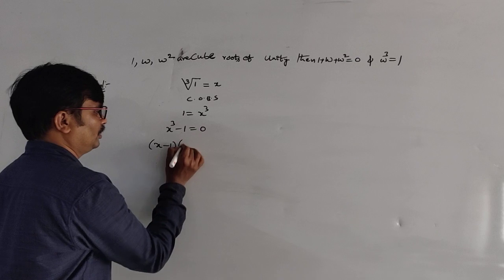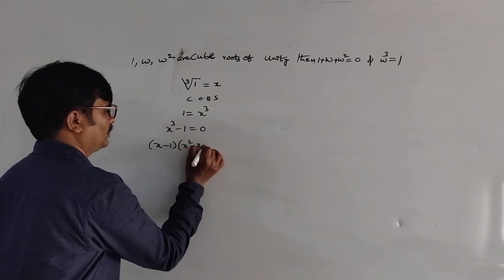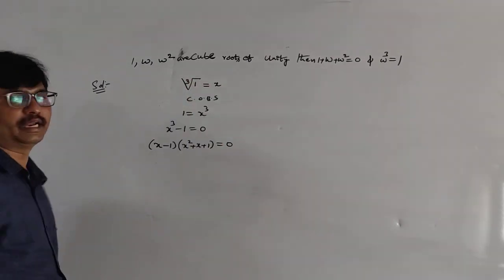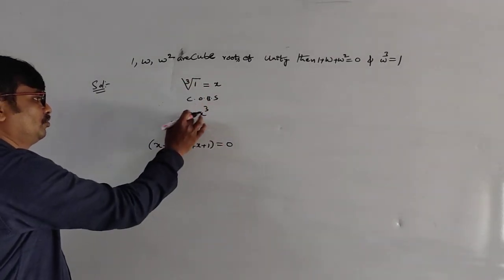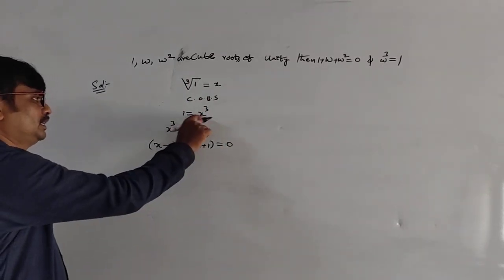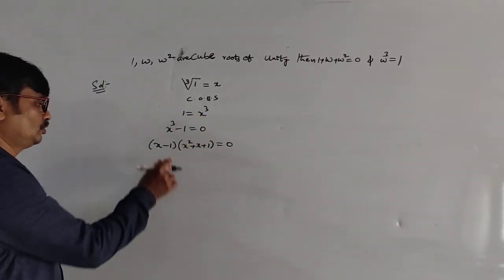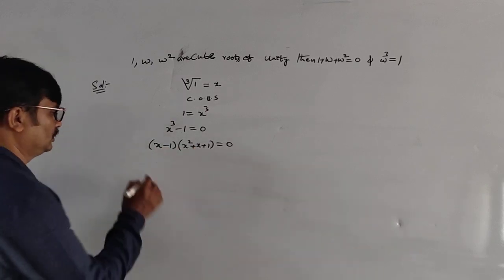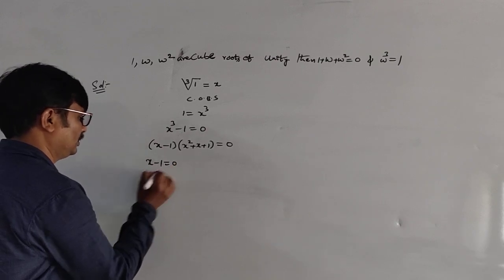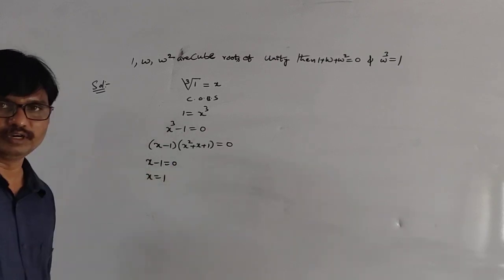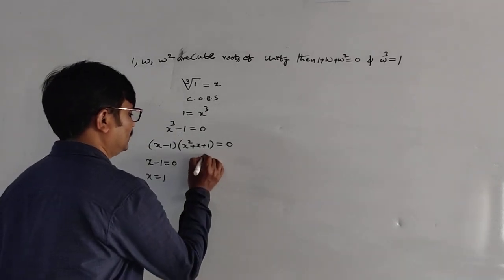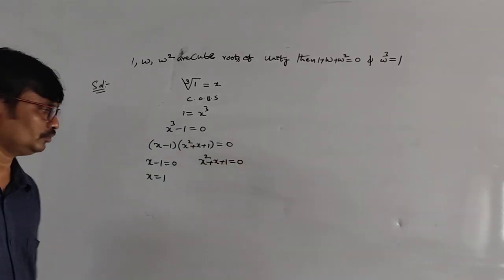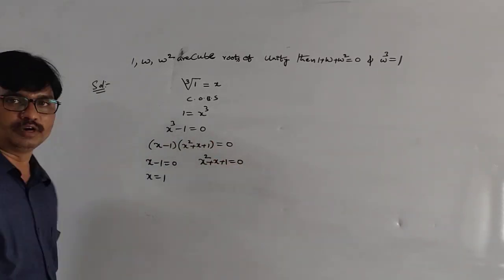This is x minus 1 into x square plus x plus 1, using a cube minus b cube equals a minus b into a square plus ab plus b square. So x minus 1 equal to 0, x equal to 1. After that, x square plus x plus 1 equal to 0.